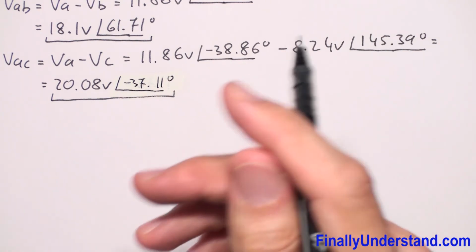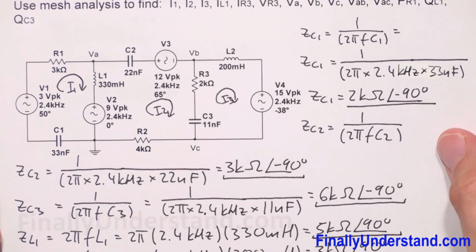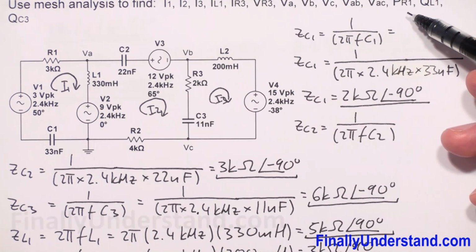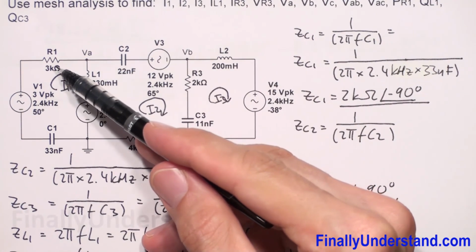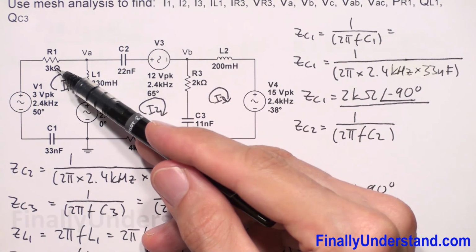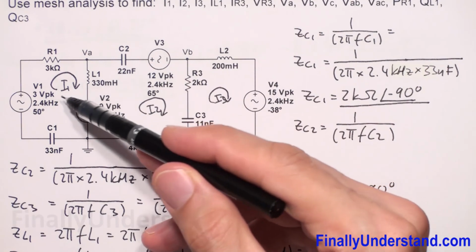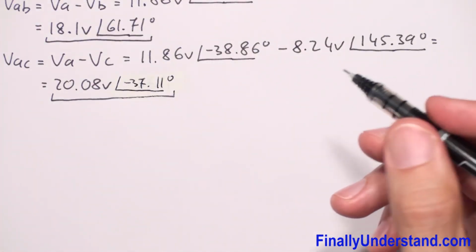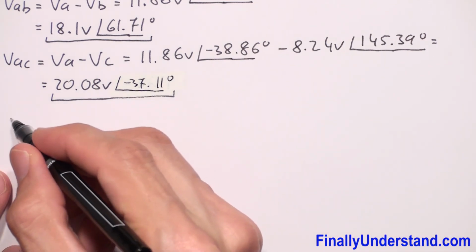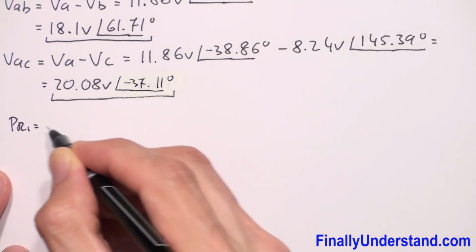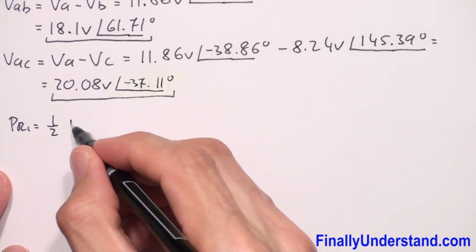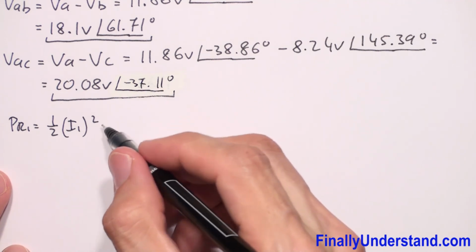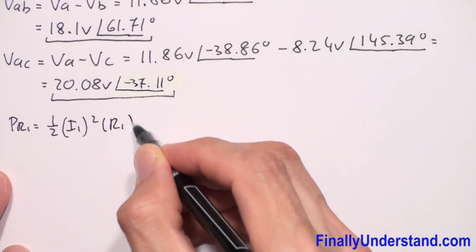Next I'm supposed to find the power at resistor R1. Please notice that current I1 goes through the resistor R1, and don't forget that we are working with the peak voltage. That's why the formula for power I'm supposed to write in this way: P R1 is equal to 1/2 I1 squared, because this current goes through the resistor R1, times R1.